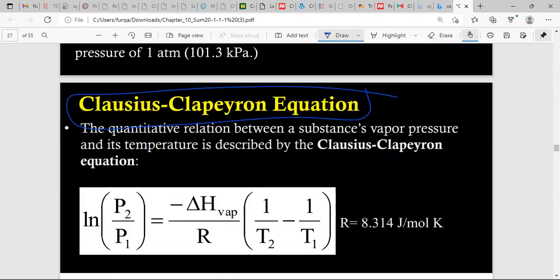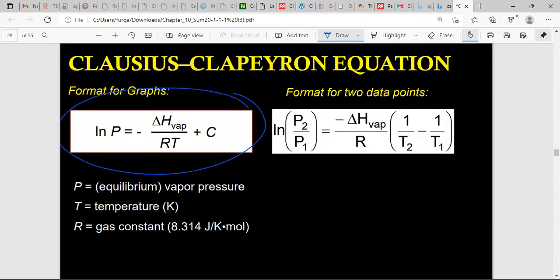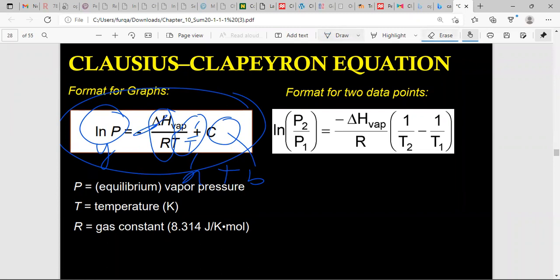So this is the graphic form of the Clausius-Clapeyron equation, where y is equal to the natural log of vapor pressure. And if you separate this from here, it's going to be 1 over T, which represents x. C represents the y-intercept, which is plus b, and then minus delta H over R, which is minus the enthalpy of vaporization over R, is going to be the slope.